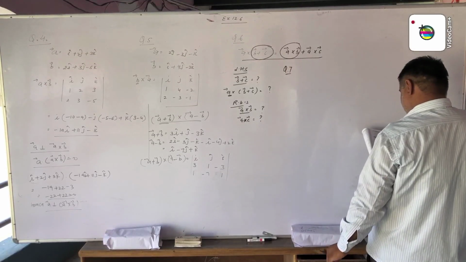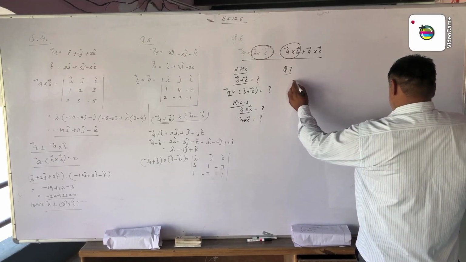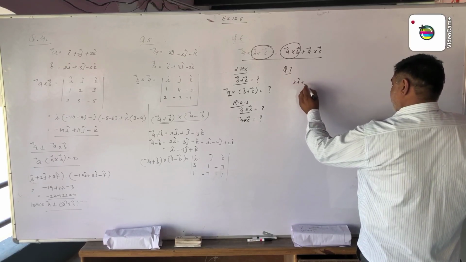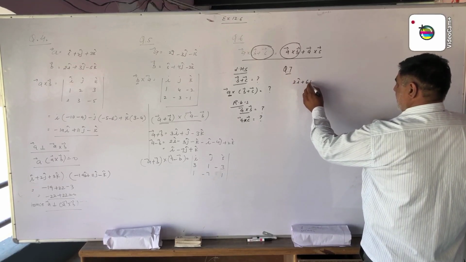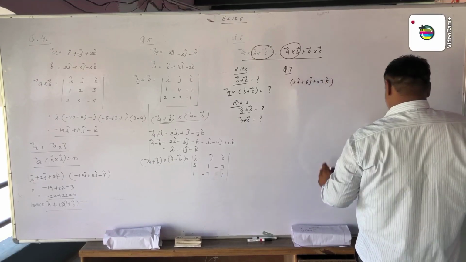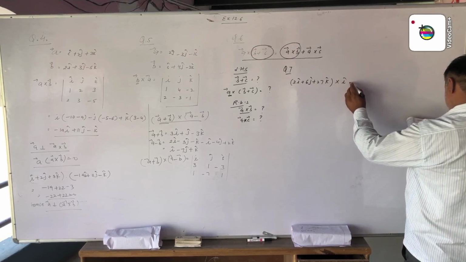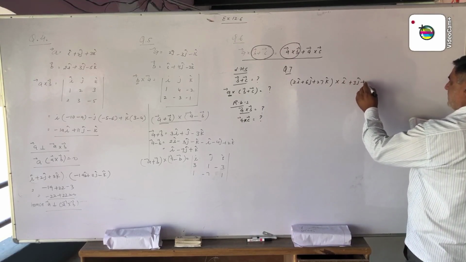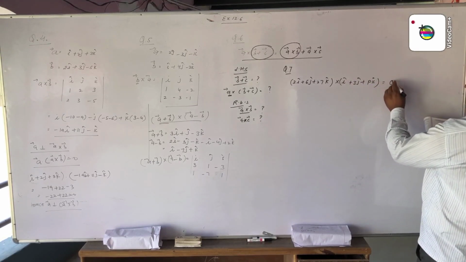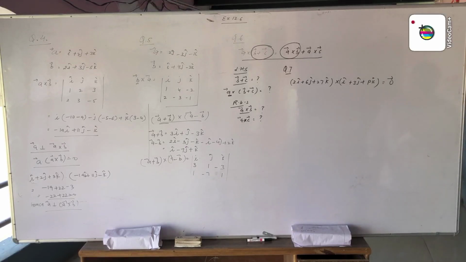It says that if P is any point, find the value of P if the vector 2I plus 6J plus 27K crossed with the vector I plus 3J plus PK equals the 0 vector. It means 0I, 0J, 0K.